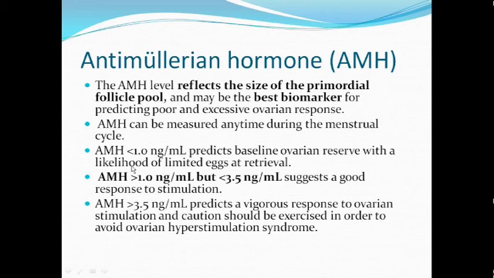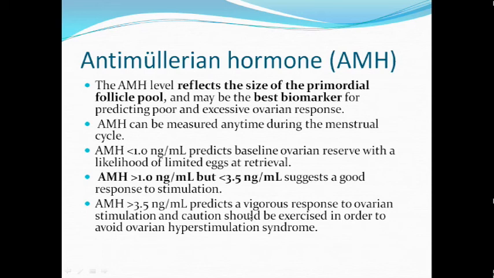If the AMH level is less than 1 nanogram per ml, this predicts low baseline ovarian reserve with a likelihood of limited eggs. If AMH is more than 3.5, this predicts a vigorous response to ovarian stimulation.